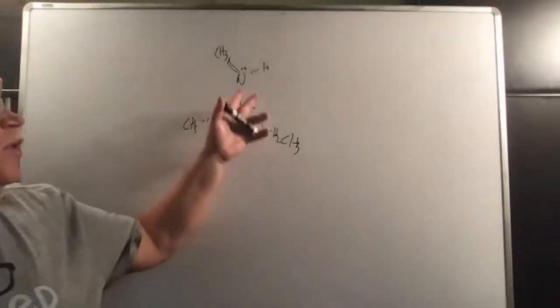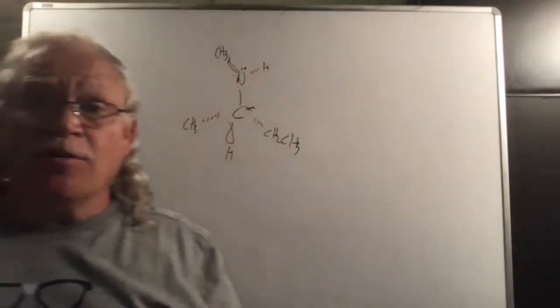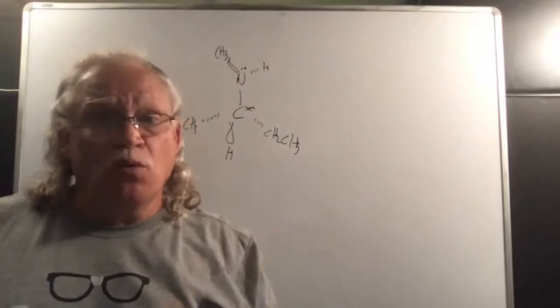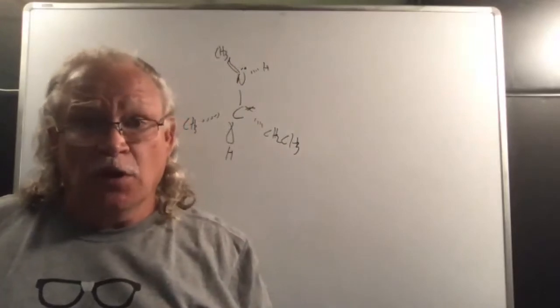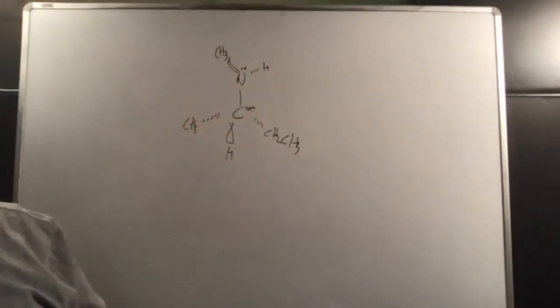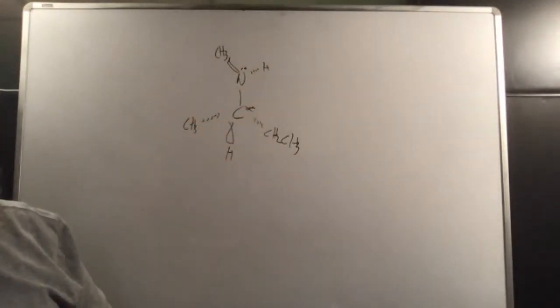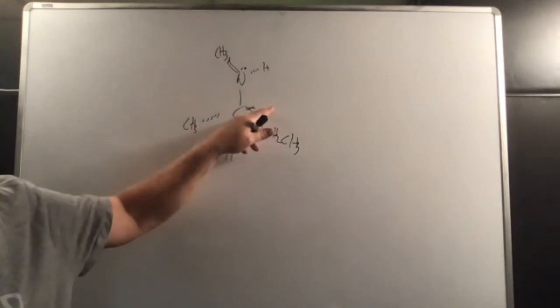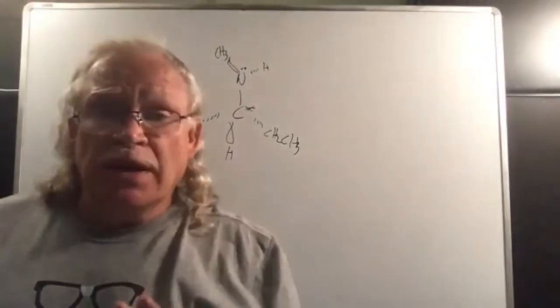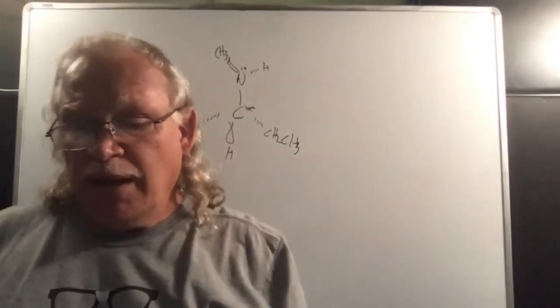But remember, you can only have the diastereomers in these chiral centered compounds when there is more than one chiral center. So for example, if both atoms were chiral, we could have had R and S here, we could have had R and S here, and then we could have gotten enantiomers. And again, it's just something for you to remember.